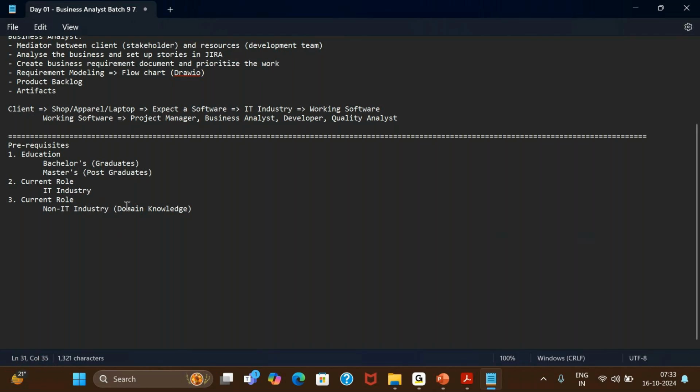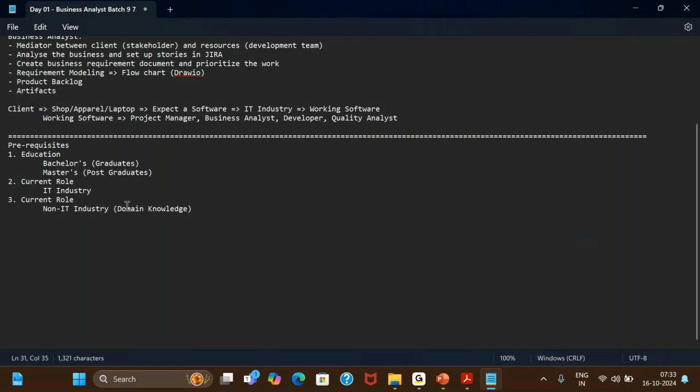Suppose I have worked in the banking domain for 8 years, I should preferably apply for BA jobs in the banking domain, or IT companies which are looking to hire BAs with banking knowledge. That will be really helpful, because I'll be able to truly demonstrate my knowledge, and clearing interviews becomes relatively straightforward.